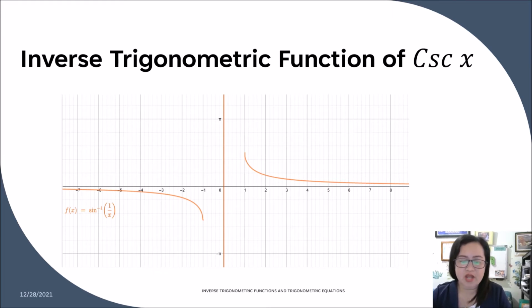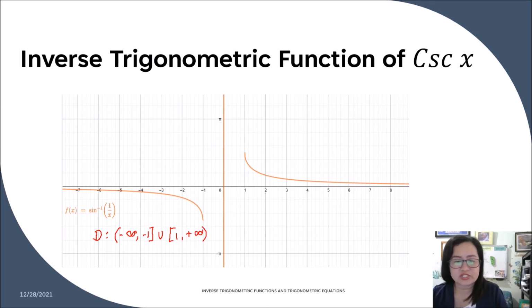Now, looking at the graph, the domain of the inverse of cosecant x is the union of the half-open interval to the left, negative infinity to negative 1, union the half-open interval to the right, from positive 1 to positive infinity.